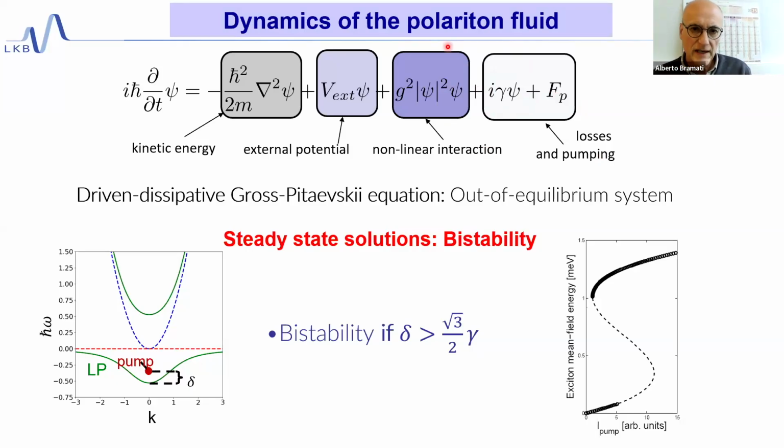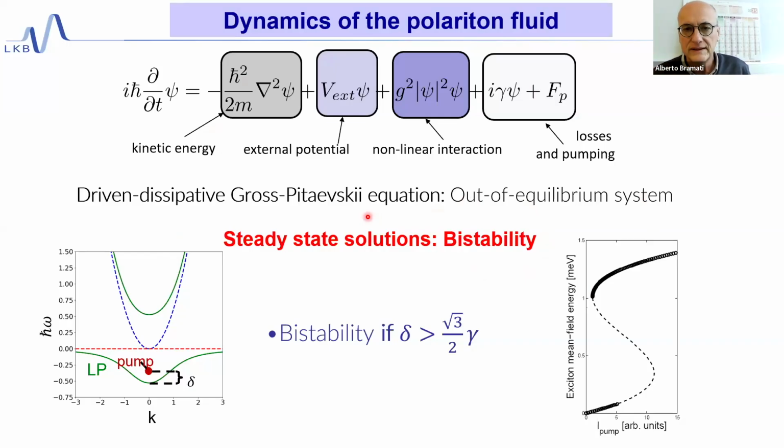The steady-state solution of this equation exhibits bistability behavior. And this is not very surprising because, as I said before, the system is equivalent to a Fabry-Perot cavity with a nonlinear medium inside.